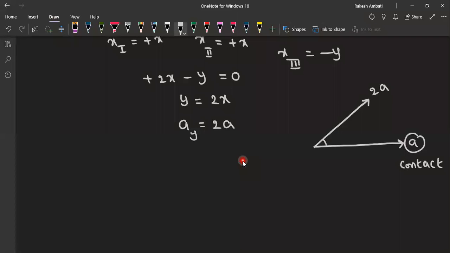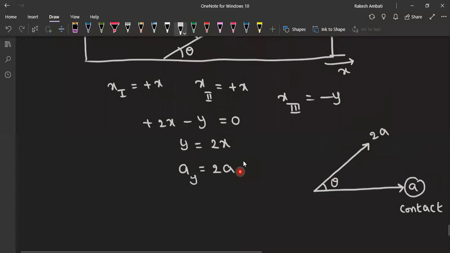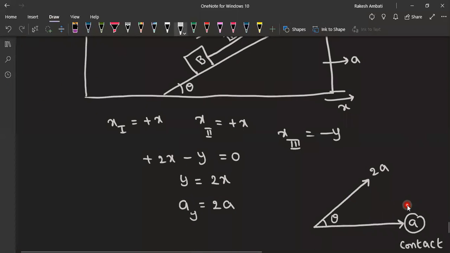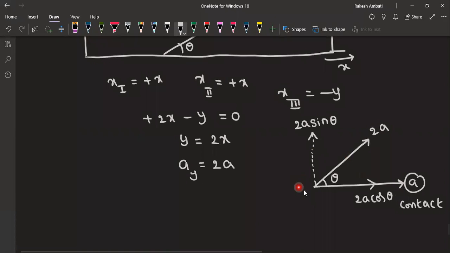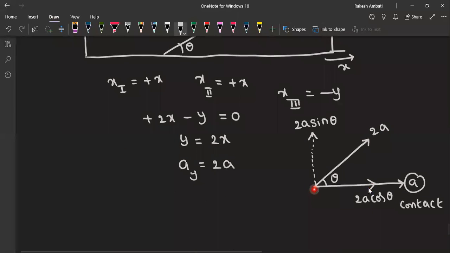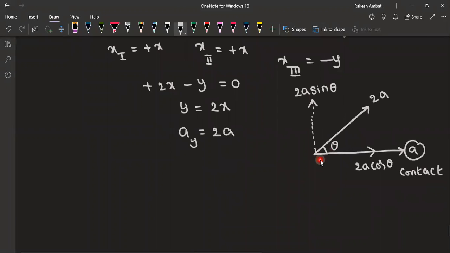Therefore, this angle theta is already given. Now 2a resolves into components. This component is 2a cos theta, then this component is 2a sin theta. Therefore, for this block, in x direction we have two accelerations, in y direction one acceleration.